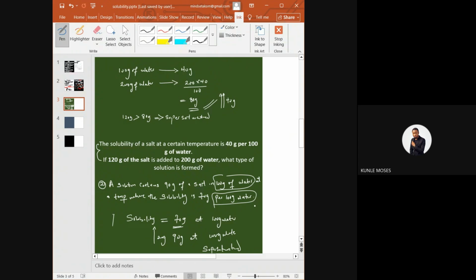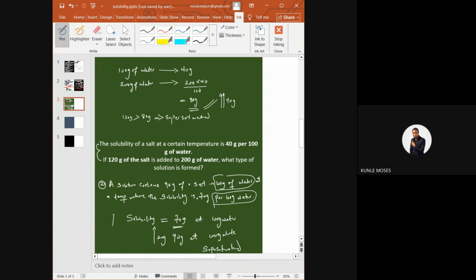Gift, are you getting it? Like Gift is not getting it. You know, anytime you see solubility, it is the reference. What you are referring to is the exact thing the solution should contain. Look at the previous question that we did. They said the solubility of a salt at a certain temperature is 40 grams per 100 grams of water.